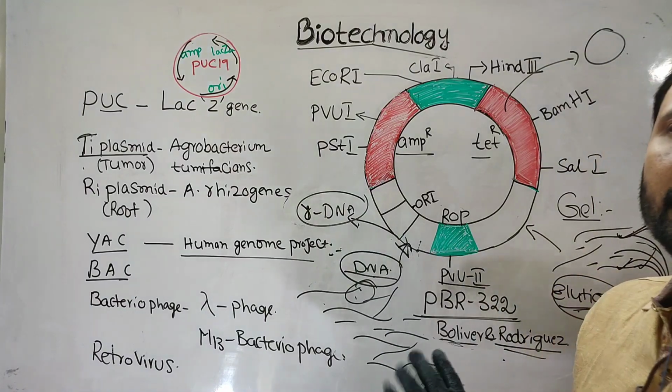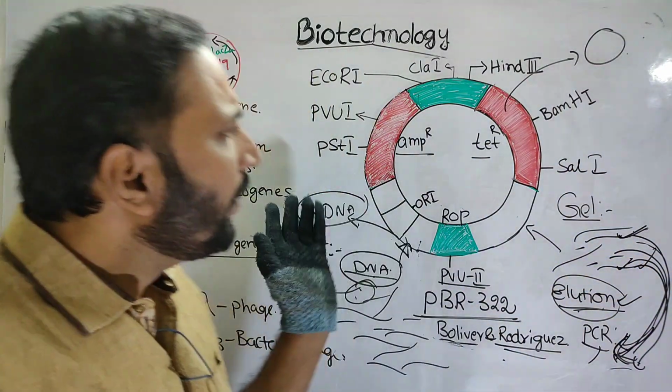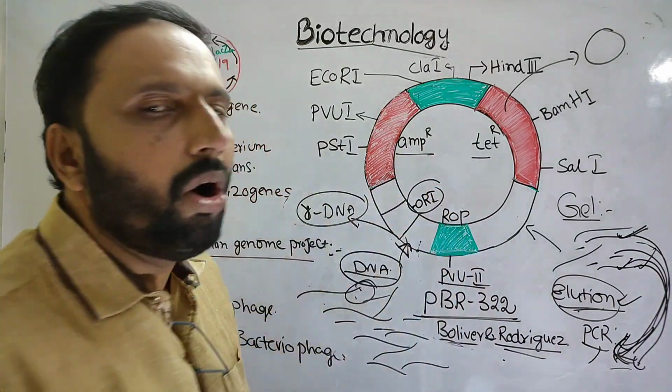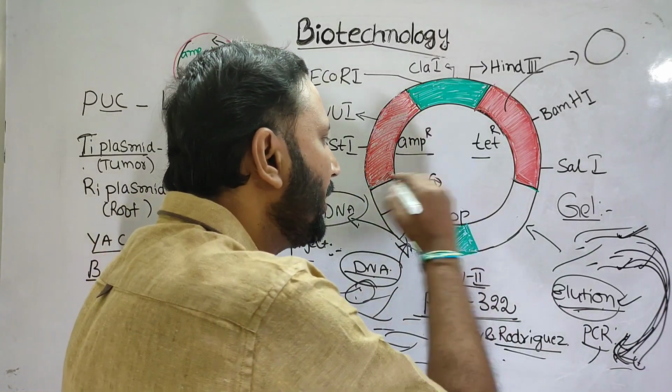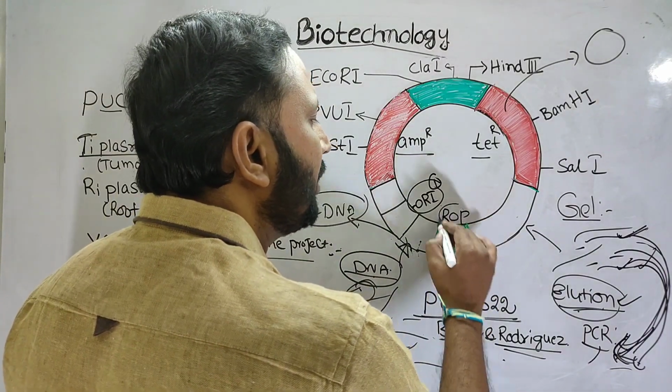So these are the vectors, and these are the special characters of vectors. Very, very important: any vector you take should contain an ORI site, the origin of replication. That is the first point. It should also contain the protein of replication, ROP.